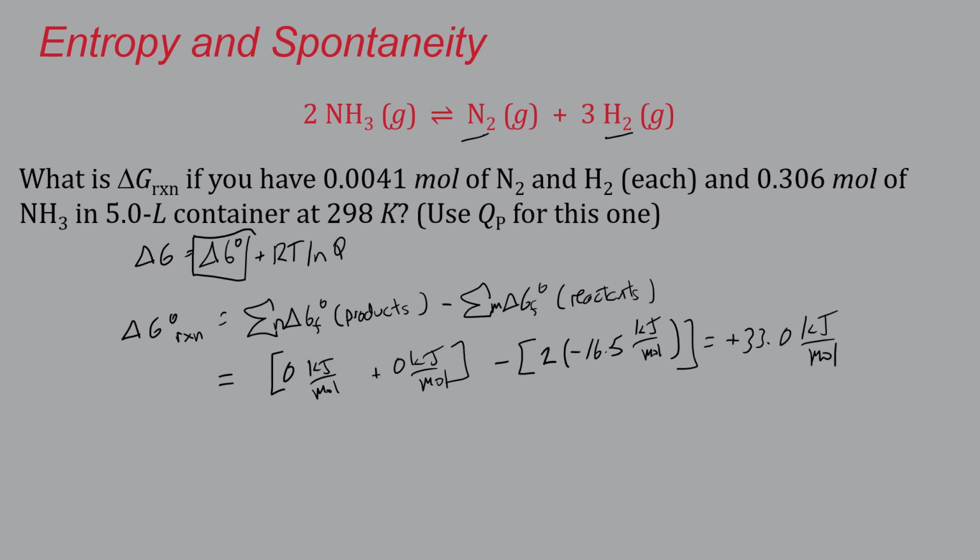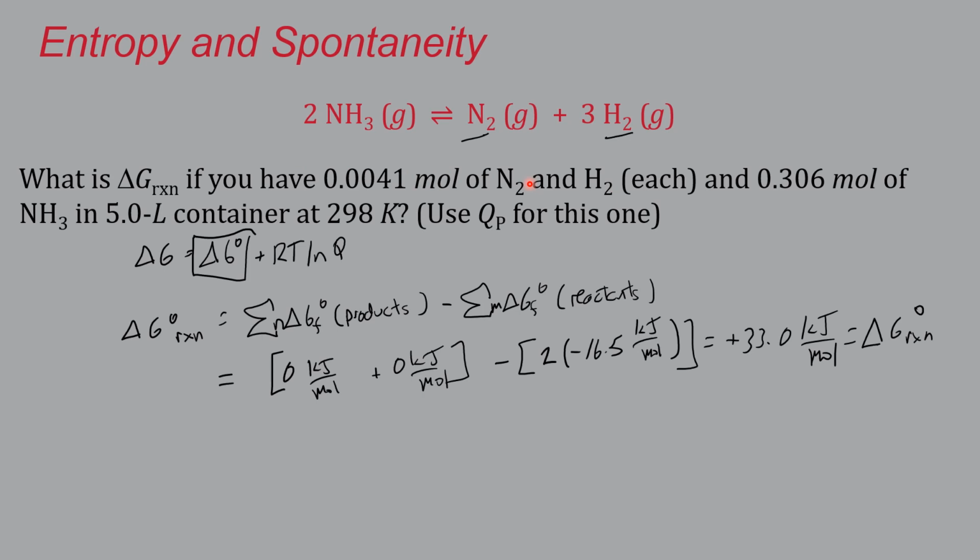All right, so now we've got the standard delta G of reaction. Now we can work on the delta G under these given non-standard conditions here, and that actually I have nice and pretty for you.